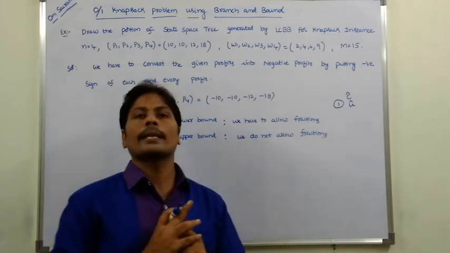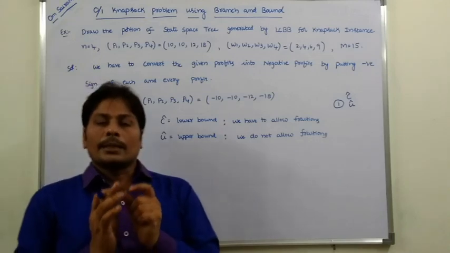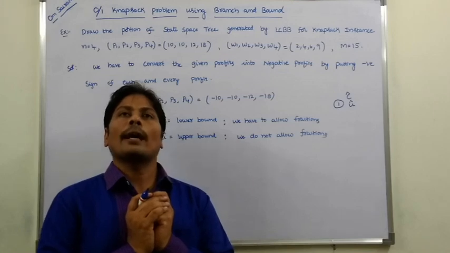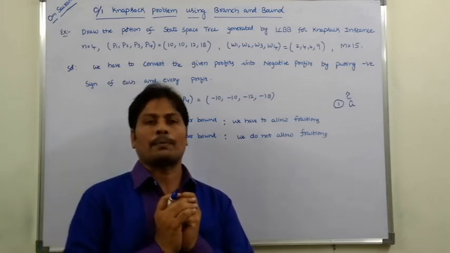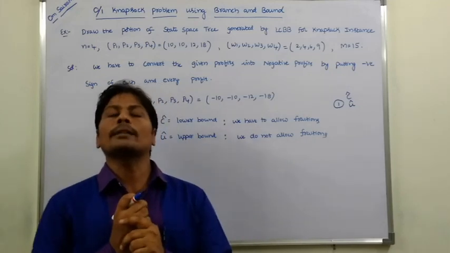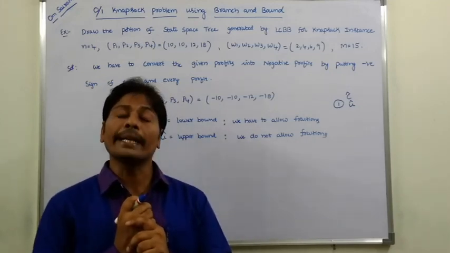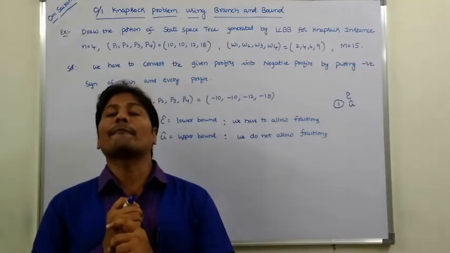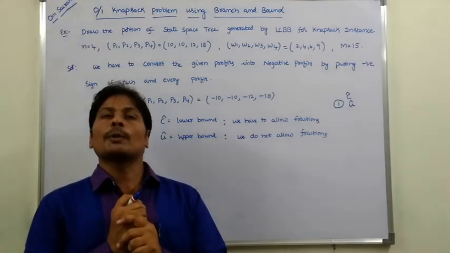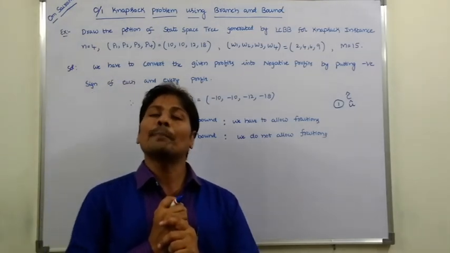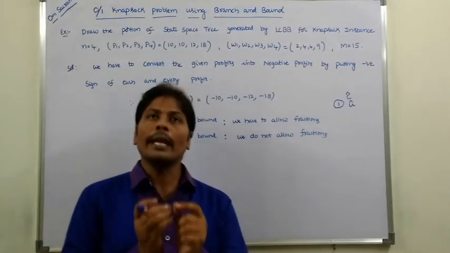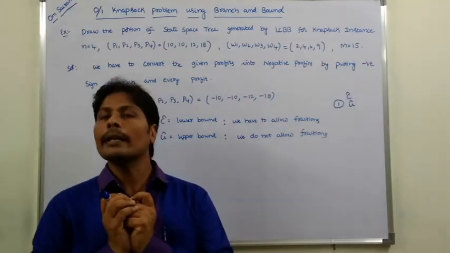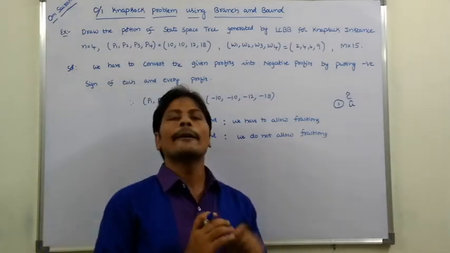Fractions: suppose xi is equal to 0, that means we do not place the object into the knapsack. Xi is equal to 1 means we completely place the object into the knapsack. Xi is equal to some fraction value means it is not possible to place the complete object into the knapsack, only a portion or a part of the object is placed into the knapsack. That situation is called a fraction.